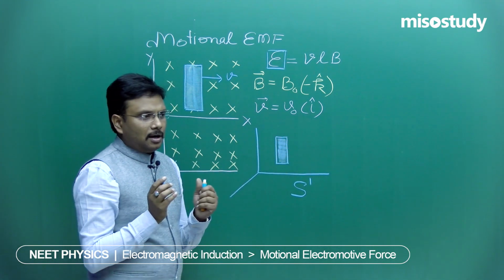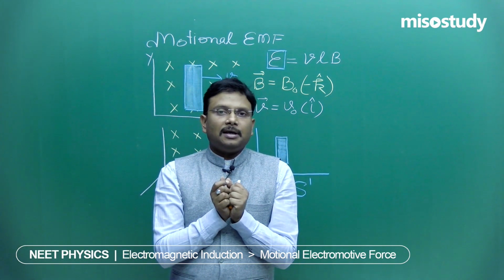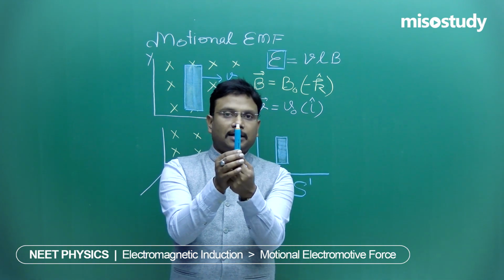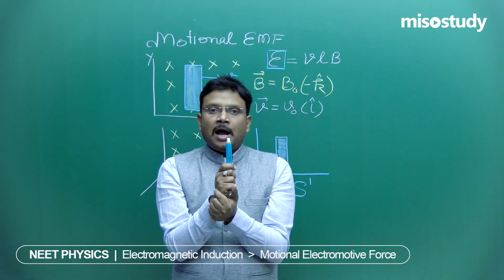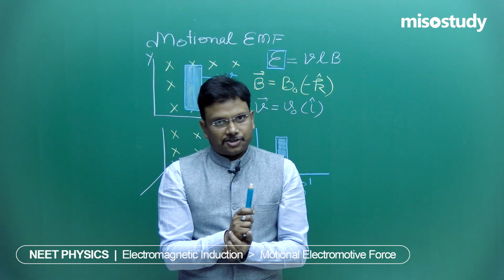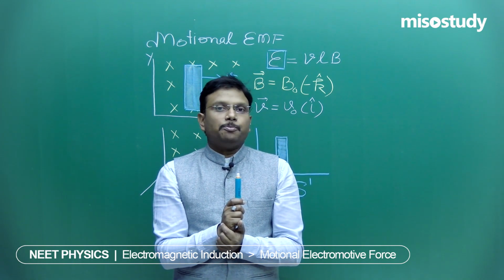Practically you can imagine the situation in this manner. Let us say I am sitting in a car and this is a metallic conductor, this blue color, and I am sitting in the car on the back seat and the driver is driving the car, let us say in east-west direction, and the magnetic field is present perpendicular to my direction.